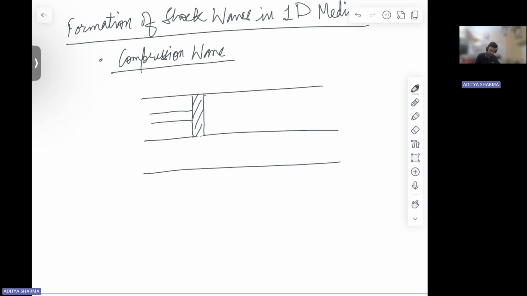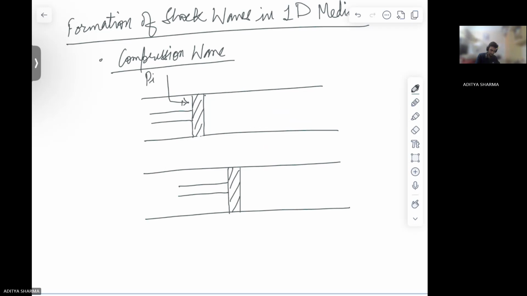Now, as we change the position of this piston from here to here, let's say an infinitesimal change in the position of this piston in the tube or cylinder, what will happen?